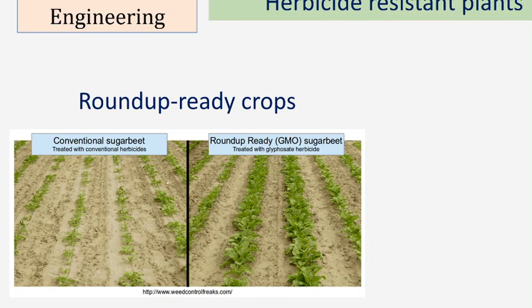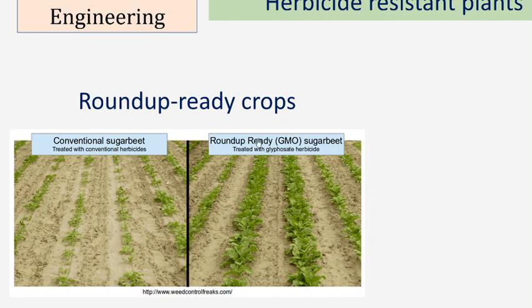This glyphosate chemical is strong enough to kill most of the herbs or weeds present inside the field. But this glyphosate, its commercial name is called Roundup.